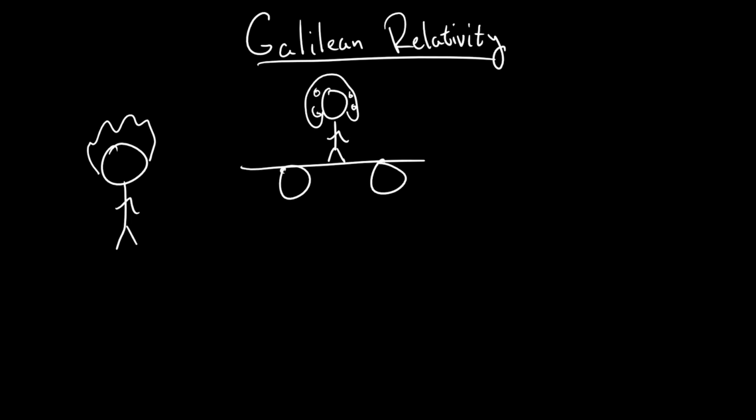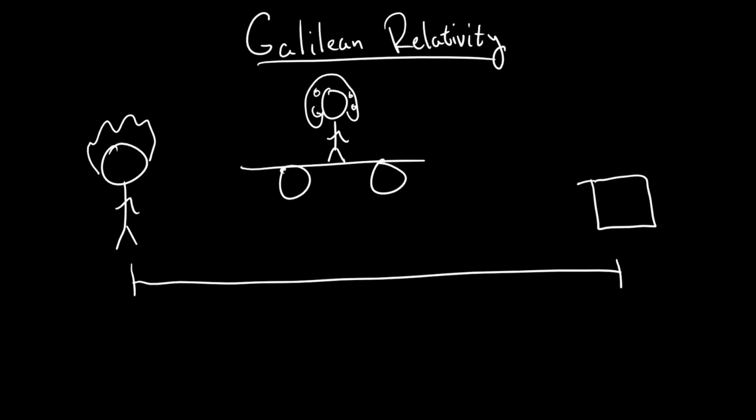So now both of these people want to measure the distance to some point. I don't know, maybe it's somebody's house. So they want to measure the distance to this house, but let's say that Isaac is moving relative to Albert. We'll give him some velocity, just call it v.